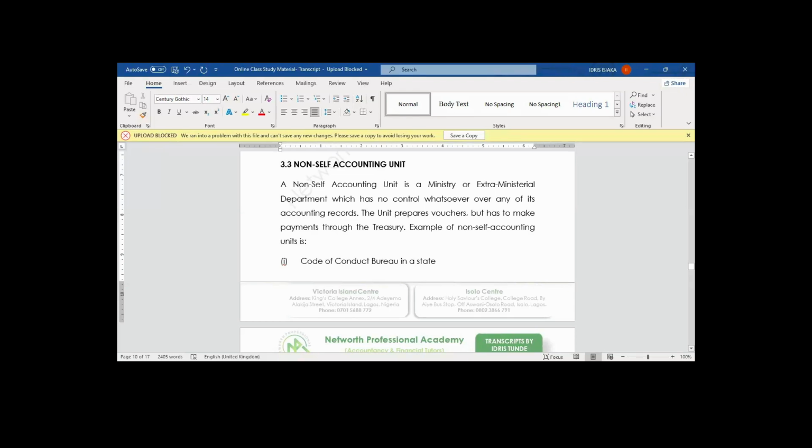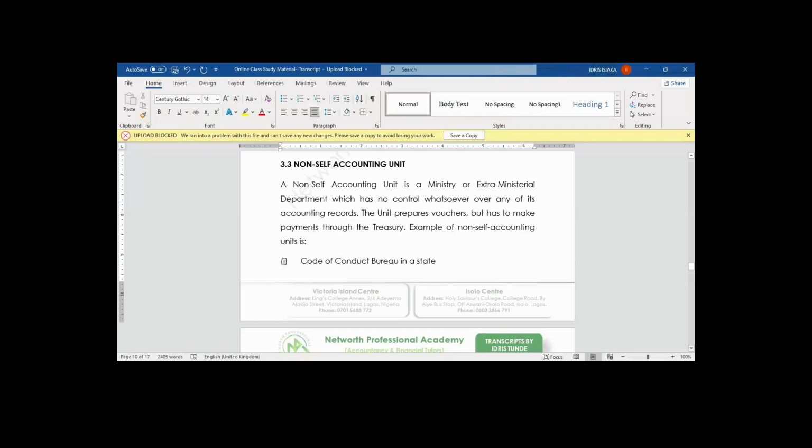Examples of non-self-accounting units: the Code of Conduct Bureau in a state. In every state, we have an office of the Code of Conduct Bureau. The head office of this Code of Conduct Bureau is in Abuja. All the branch offices that they have in all the states are non-self-accounting units.